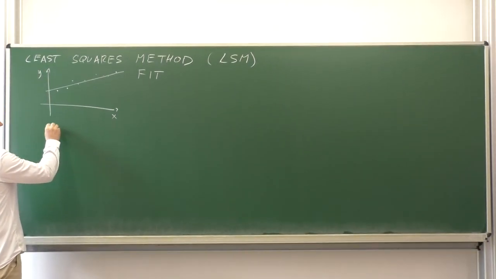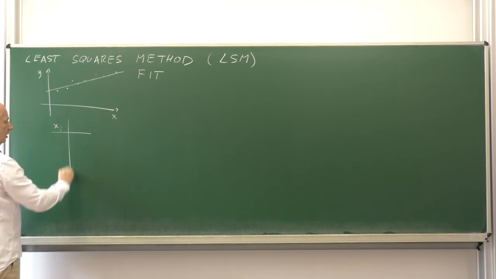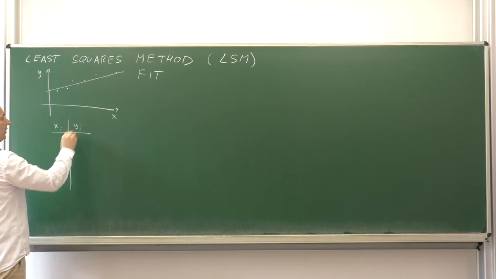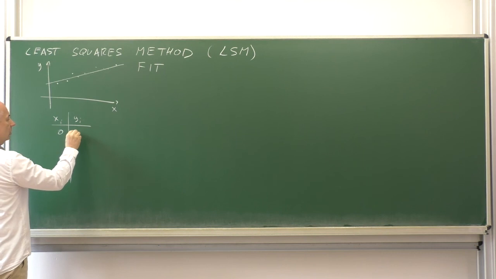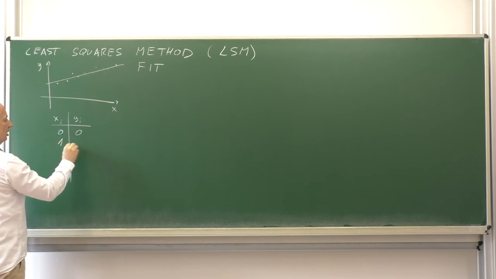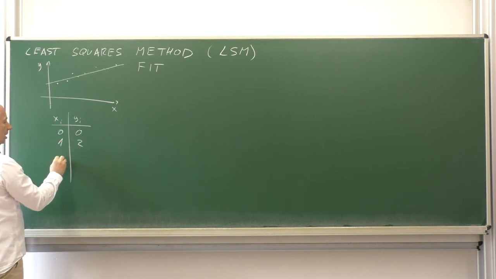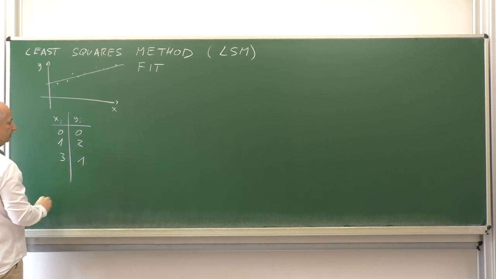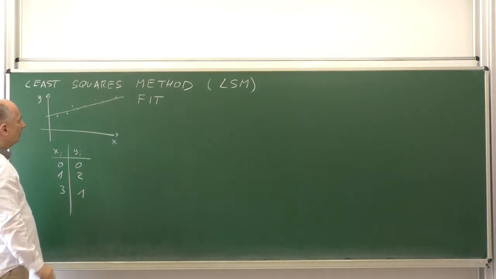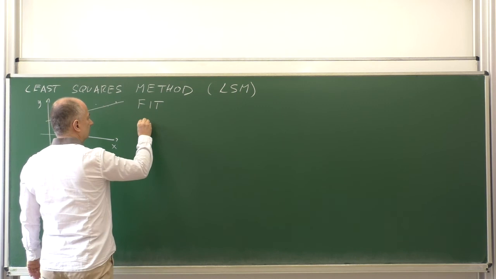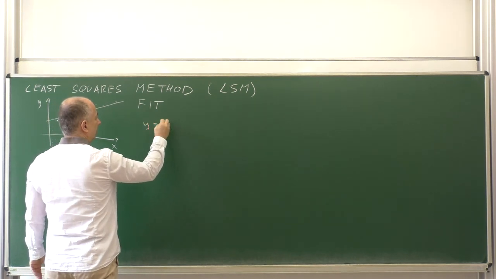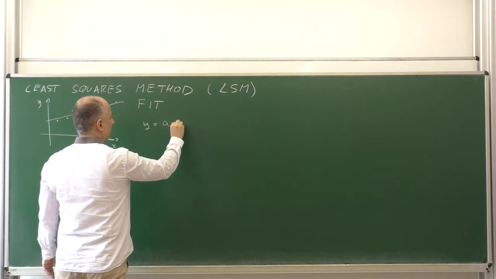That means we have a table of the xi and yi values, say 0, 0, 1, 2, some numbers, say 3, 1. And we want to find a line with some equation, say y is ax plus b.